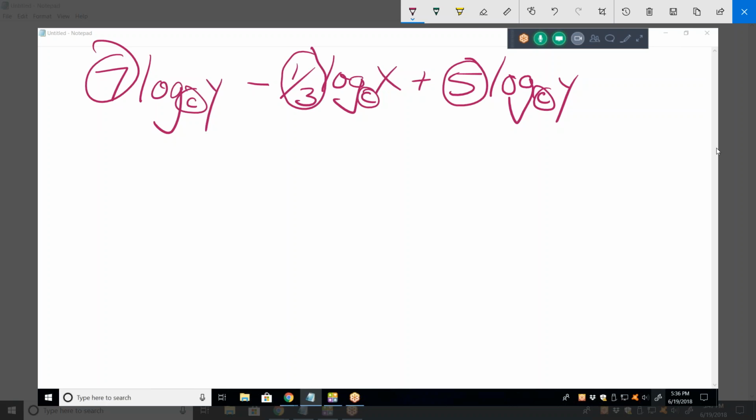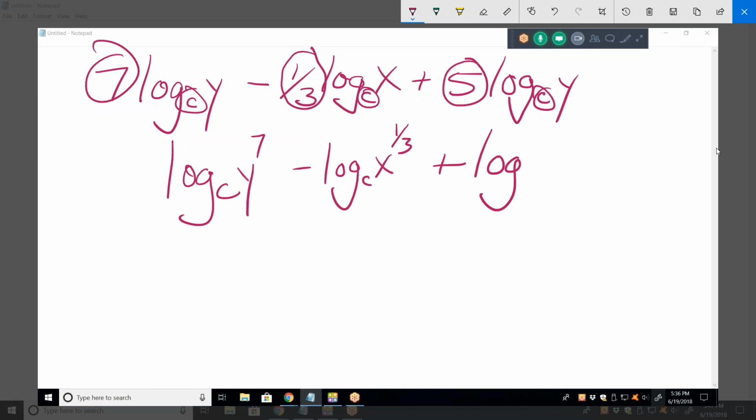Okay. So what do we got? So it would be log c y to the 7th minus log c x to the 1/3 plus log c y to the 5th. Now use the rules of addition and subtraction to turn that into 1 log c.